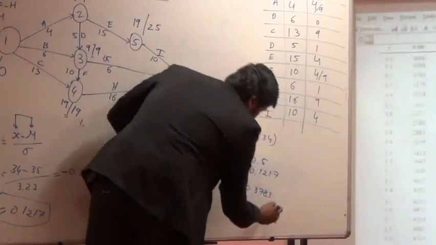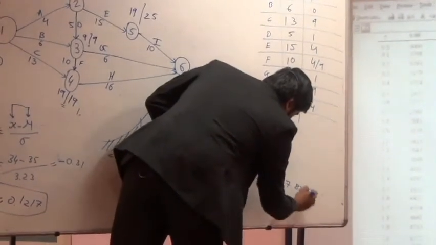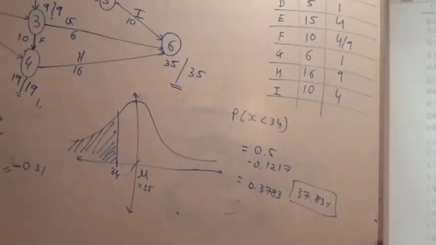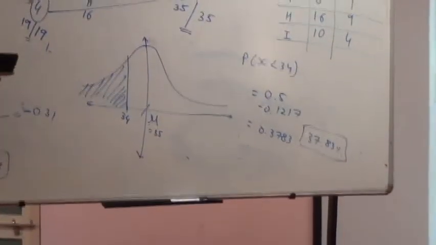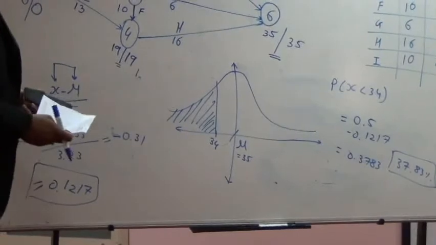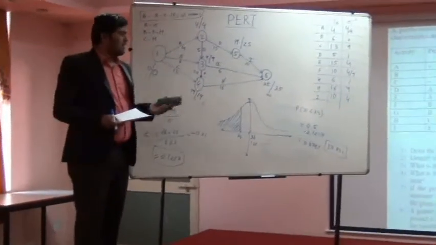If we write it in percentage, that will be 37.83%. So what is the answer? The probability to complete the project 1 week before is 37.83%. This is the answer to question number 4.